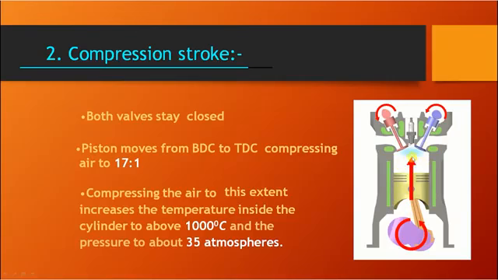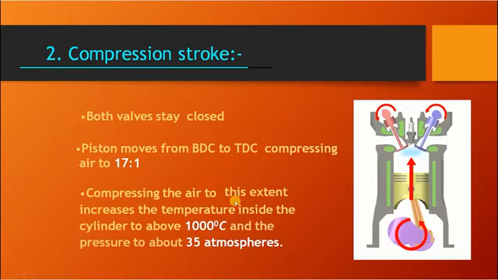During the motion of the piston towards TDC, the air is compressed inside the chamber by moving the piston upwards, up to a ratio of 17:1. If the initial volume is 1, the air can be compressed up to 1/17th of that volume. That much higher ratio can be achieved only in the diesel engine, not in the petrol engine.